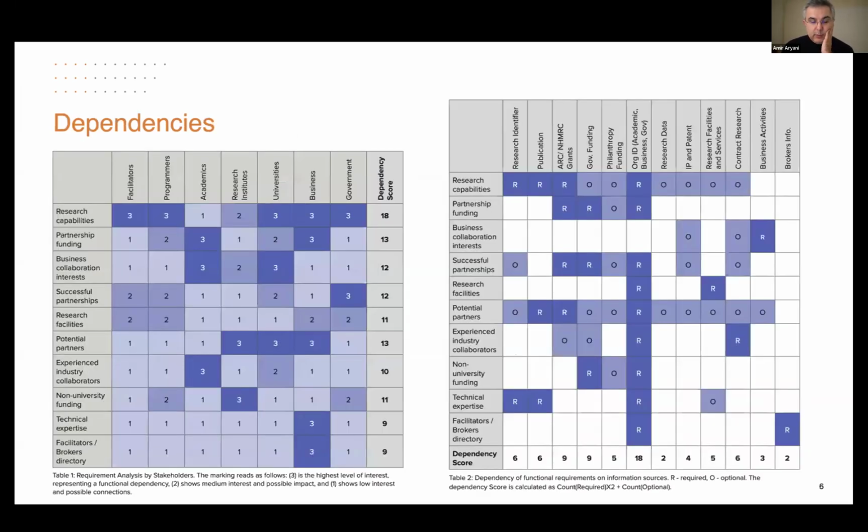There were a number of conversations about identifying which functionalities for a system like this provide the most value to the community. There are different stakeholders and different requirements, so there's a level of interest between the requirements and the stakeholders, or connections, if you like, between them. Different requirements also have different dependencies on different information sources, and not all information sources are equal.